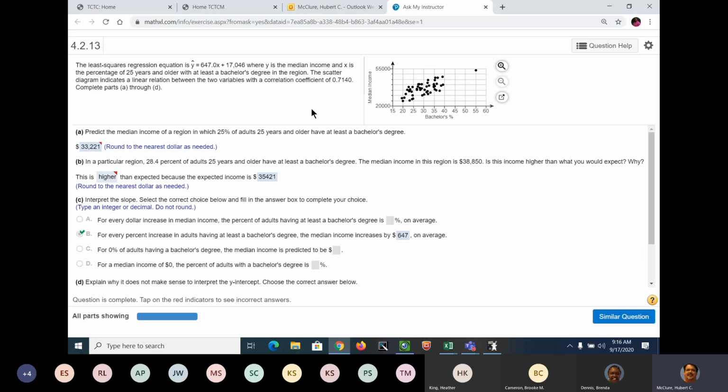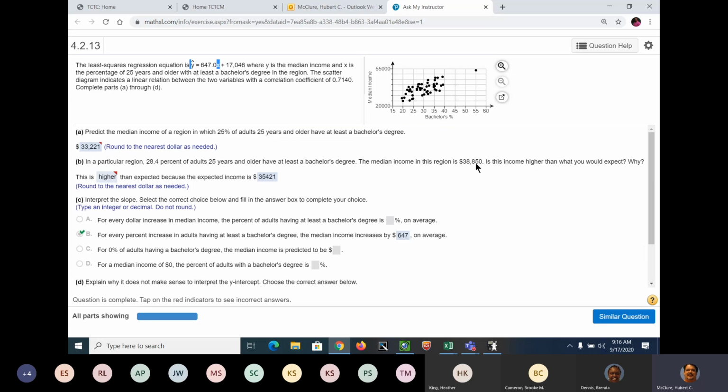All right, so here they want you to plug in 25, not 0.25, but 25 into this equation. Here they want you to plug in 28.4 and compare it to this number. Basically, you're comparing this number to this one, and it's a little bit higher than expected.